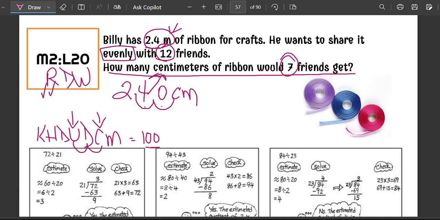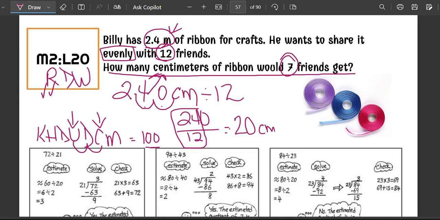And we are going to divide that by 12 friends. So let's draw that as a fraction. It's easy to see 24 divided by 12 is 2, and add our 0 on. So that'll be 20 centimeters per friend.